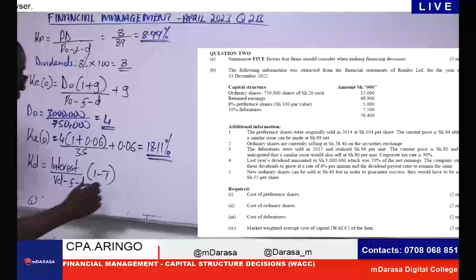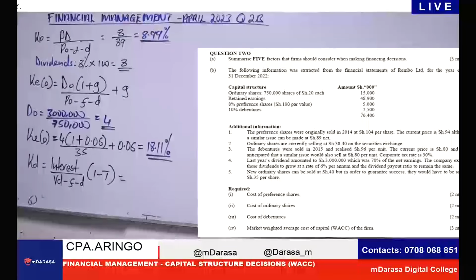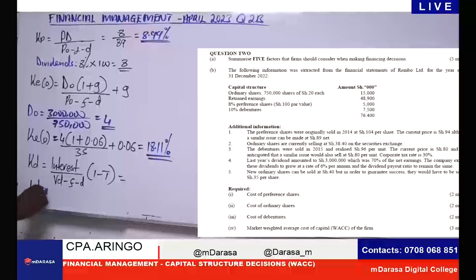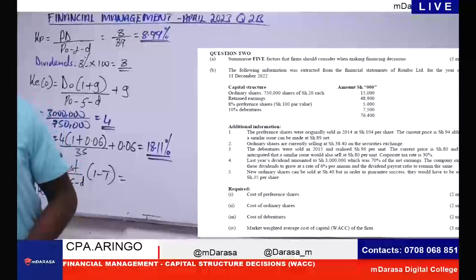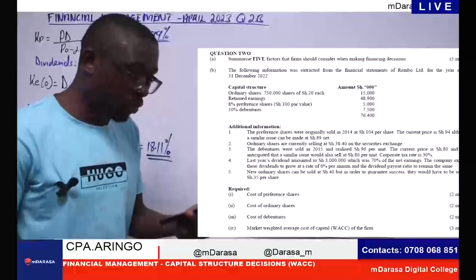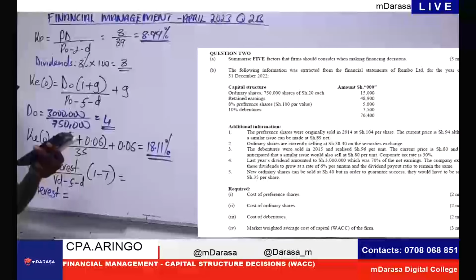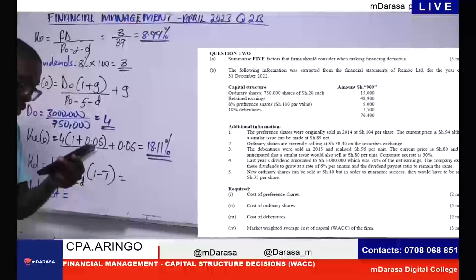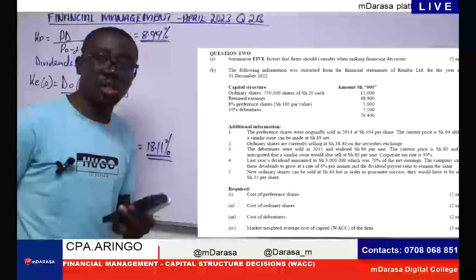So in this case, my good students, you can all agree that interest will always be determined on the par value. In our case, we weren't given the par value in our capital structure, but you're given the date that these debentures were sold, which was in 2015, and when they were sold in 2015, they were going at 96 shillings.